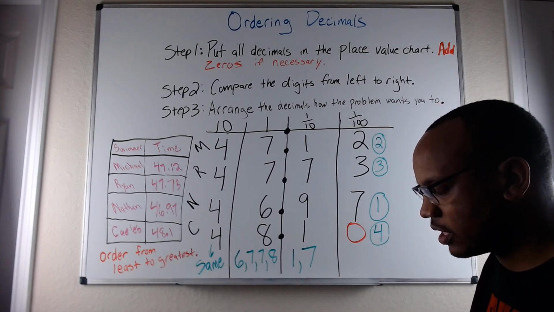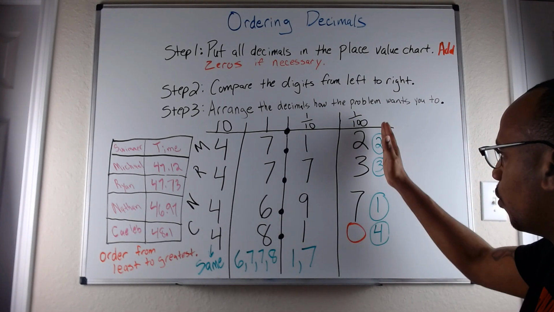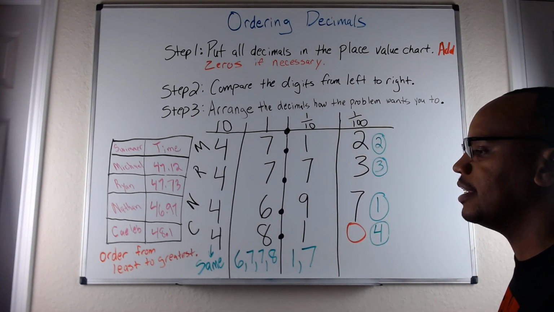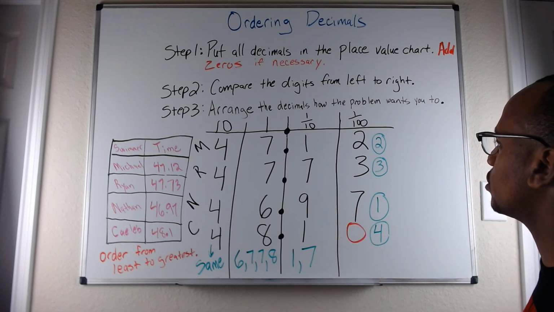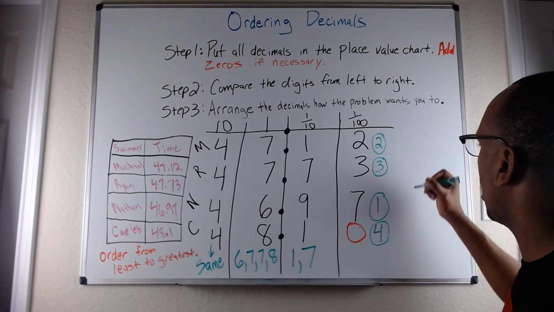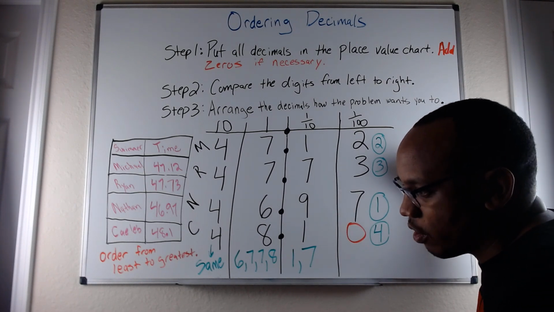All right, so step 3, arrange the decimals how the problem wants you to. Well, you already have them right here. It's just a matter of putting them in order. So your answer choices will say, arrange the swim times in order from least to greatest.